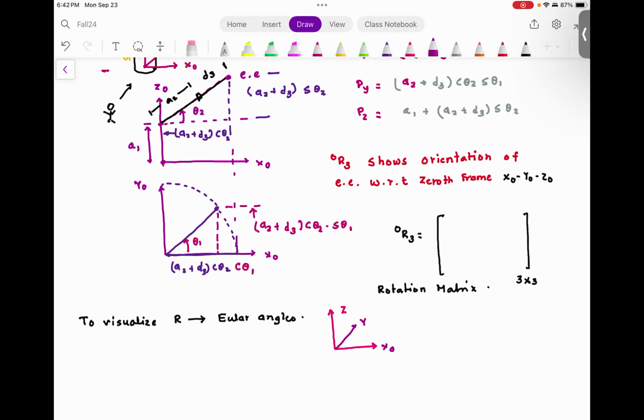So x0, y0, and z0. Euler angles are nothing but successive rotations about these axes. And I want to actually show you this example, and it's extremely important.